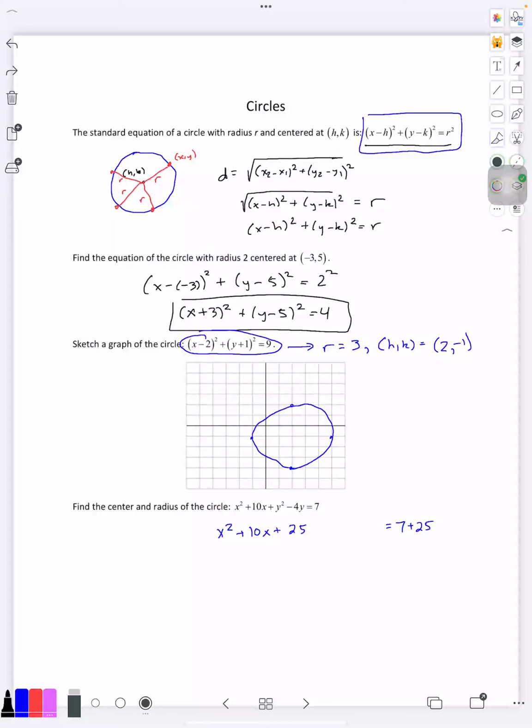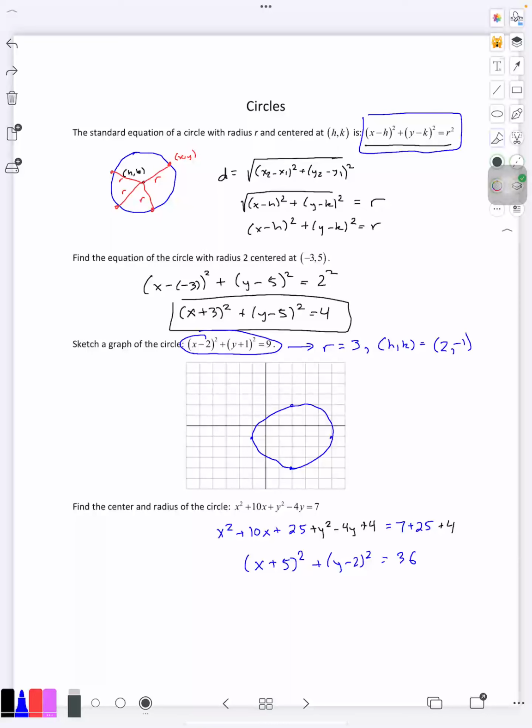Then for the y part, we have y squared minus 4y. Once again, we do b over 2 and square it. B is negative 4, divided by 2 is negative 2, square it, we add 4. Which means you have to add 4 on the right side as well. This will then work out to be (x plus 5) squared plus (y minus 2) squared, and 7 plus 25 plus 4 is 36.